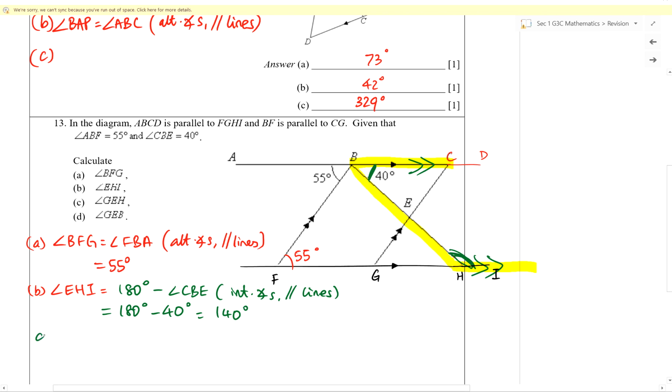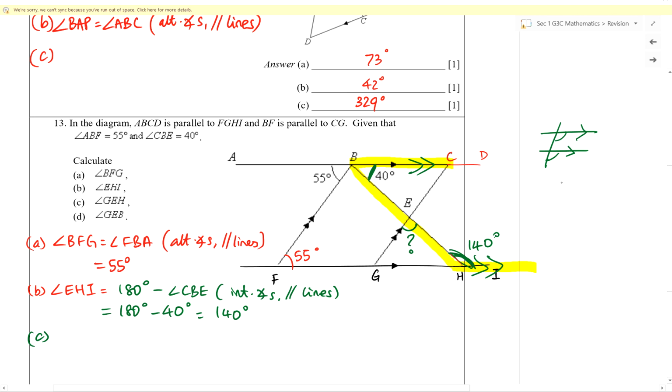The next part C, GEH. Oh, I already found this angle, so this is 140. So the next one to find over here, any suggestions? Corresponding. You mean by searching for this shape over here?